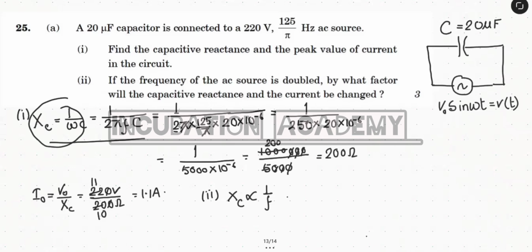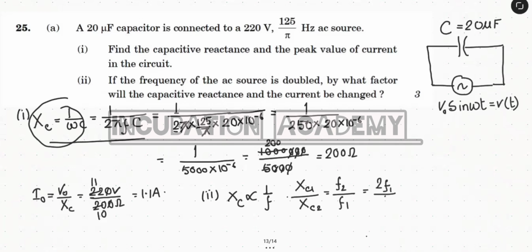So we can write Xc1 divided by Xc2 equals F2 divided by F1. If the frequency is doubled, F2 equals 2F1.